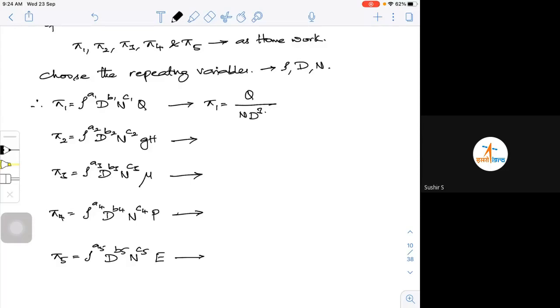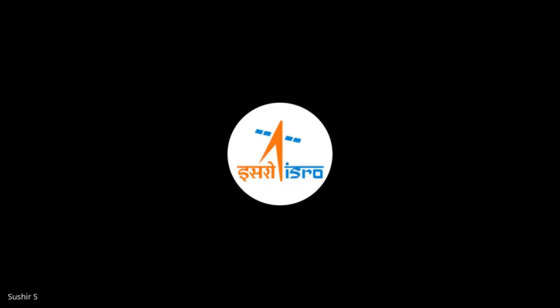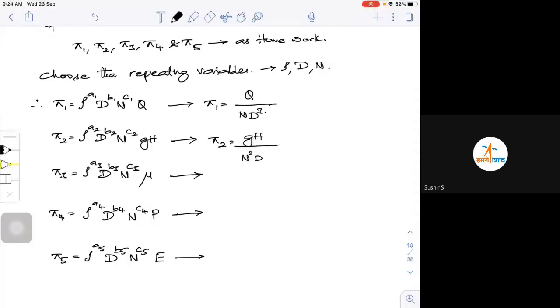Then if I solve for pi 2, this will be gH divided by N square d square. Then your pi 3, you have mu divided by rho N d square.